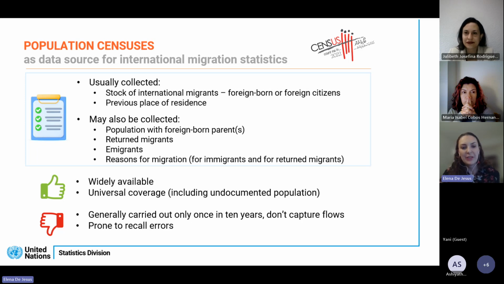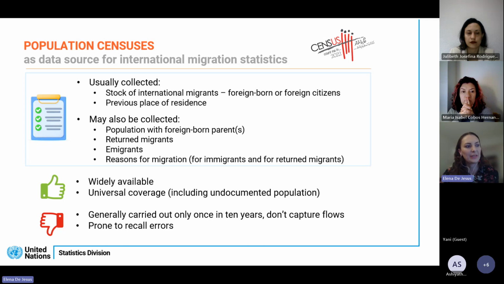And of course, the main disadvantage is the frequency, since the census is run basically once a decade. It's not able to capture flows, and also it could be prone to recall errors. So if you're asking about a point in time in the distant past, almost 10 years ago, a person might be making mistakes in relating that information.